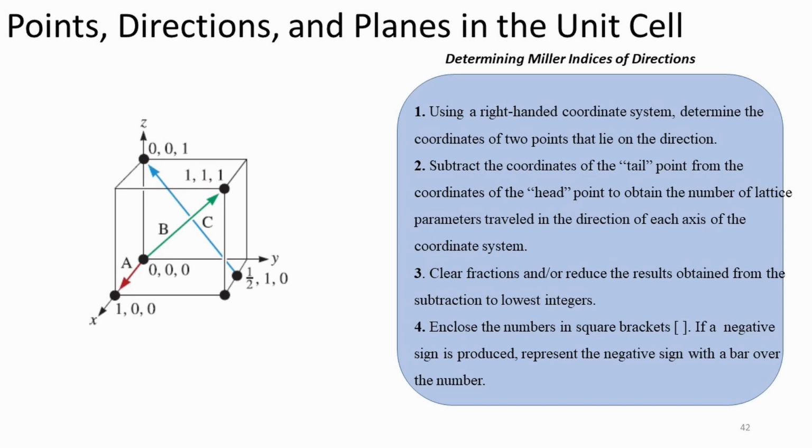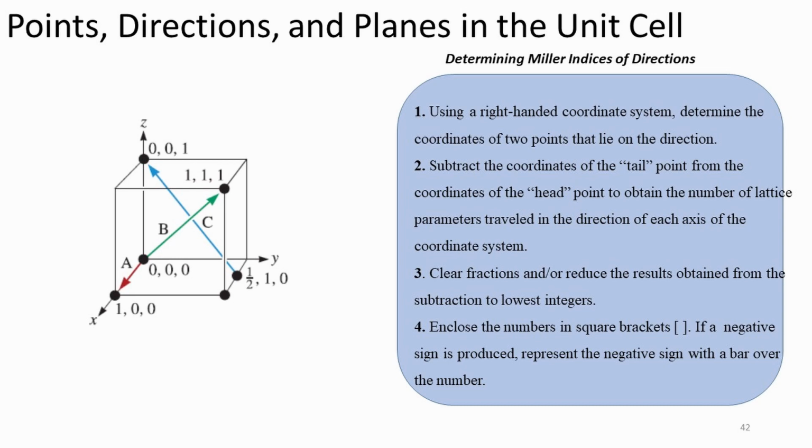Here is the procedure for finding the Miller indices for directions. Using a right-handed coordinate system, determine the coordinates of 2 points that lie on the direction. Subtract the coordinates of the tail point from the coordinates of the head point to obtain the number of lattice parameters traveled in the direction of each axis of the coordinate system.